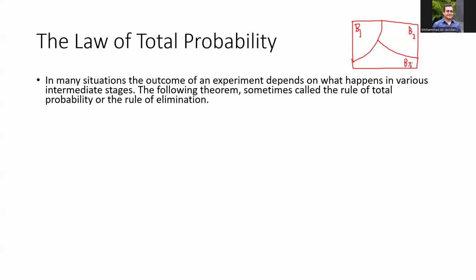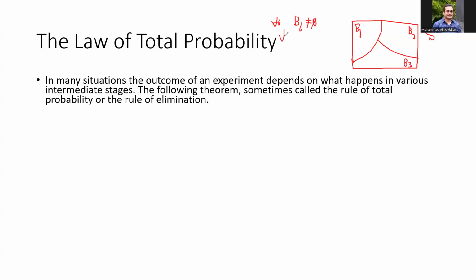We call this a partition because S is divided in a special way. First of all, any of the Bi's, for any i, is not empty. There is no overlap between subspaces.